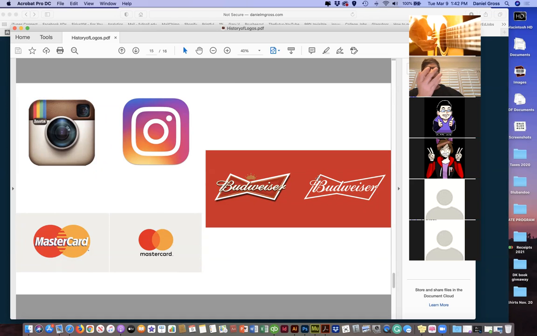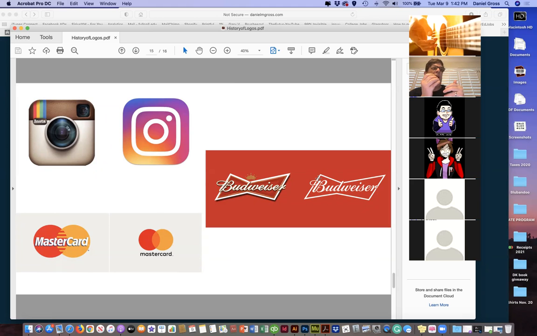But ultimately, logos are typically around for a while. I mean, it costs a lot for a company to develop a logo, and it's not something they're going to change every 2 weeks.